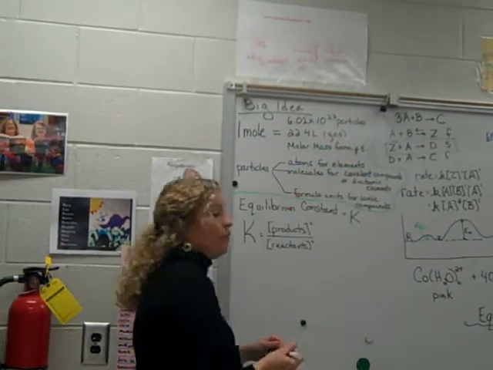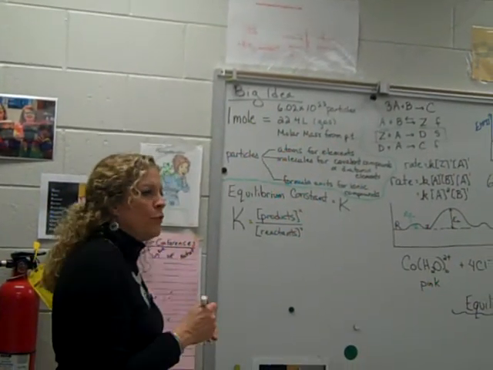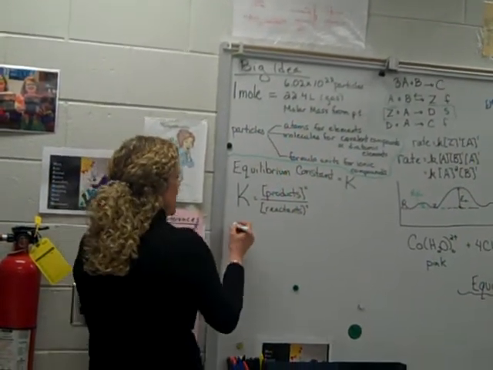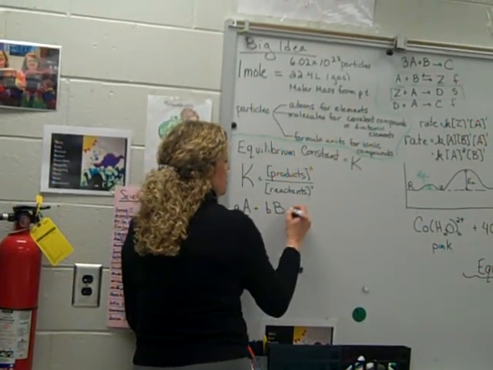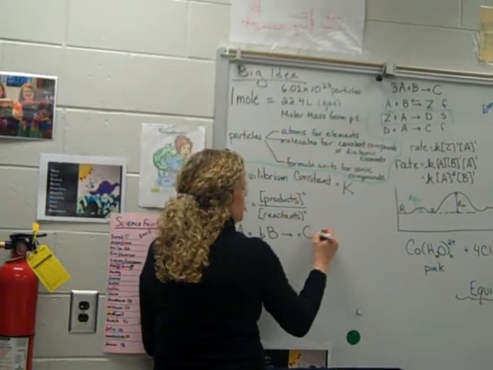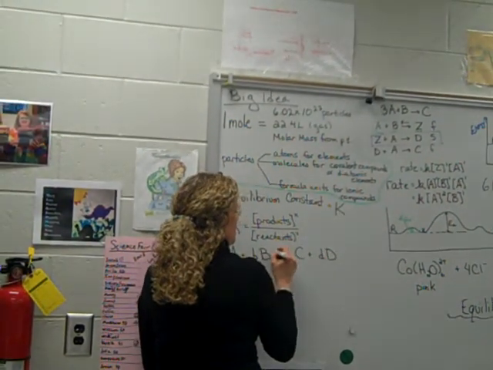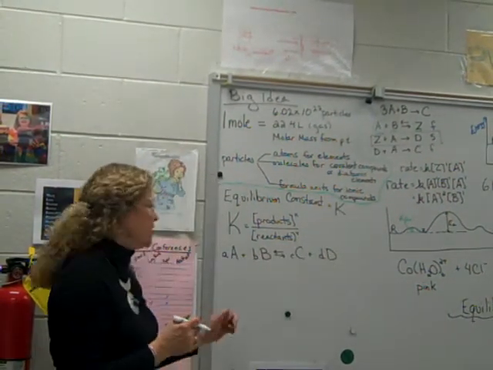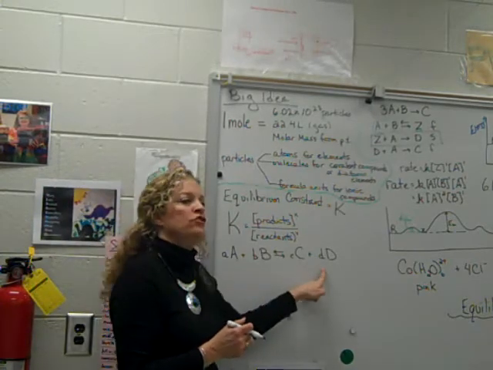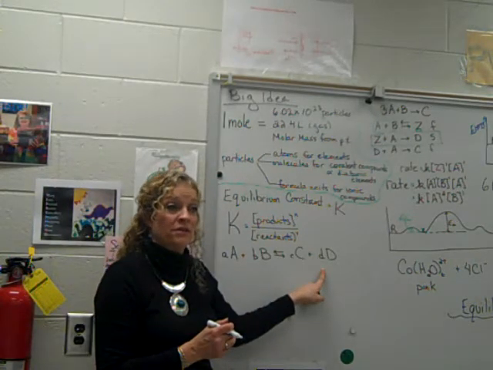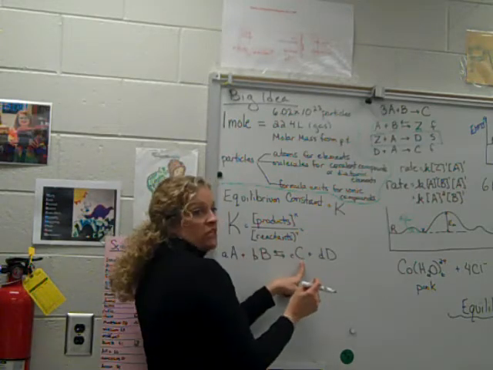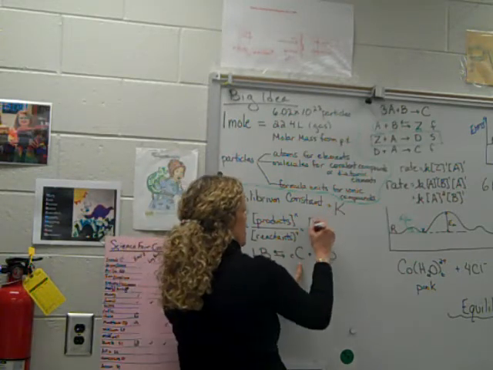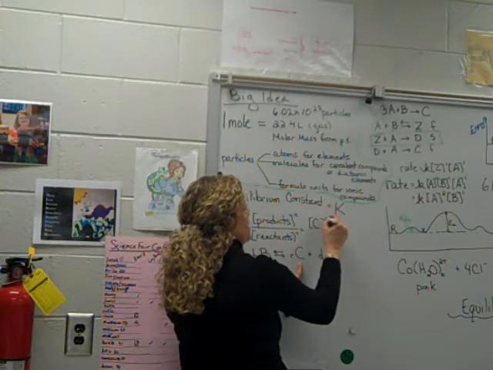All right? Now, let me give you an example reaction. I'm going to make something very generic. Let's say aA plus bB yields cC plus dD. It's a reversible reaction, and the little letters, the lowercase letters, are the coefficients. This is what's awesome. All you do is you're going to say the products are C, and we're going to raise C to the c power.